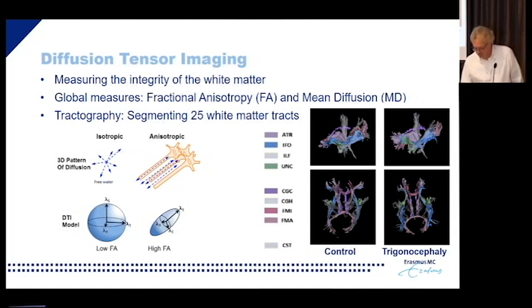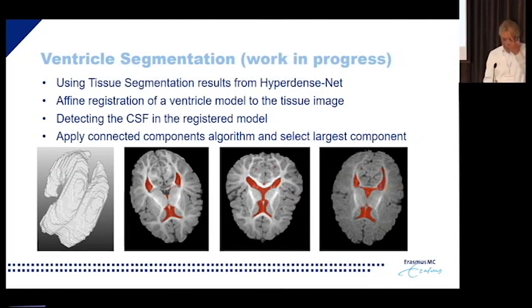And finally, we are working now on detection of the ventricle system, the ventricle 1 and 2. Also not very easy. Here you see some examples of scans we have. How we do this is we use a tissue segmentation from HyperDenseNet.